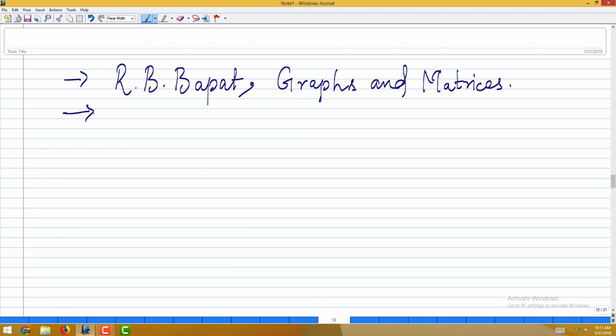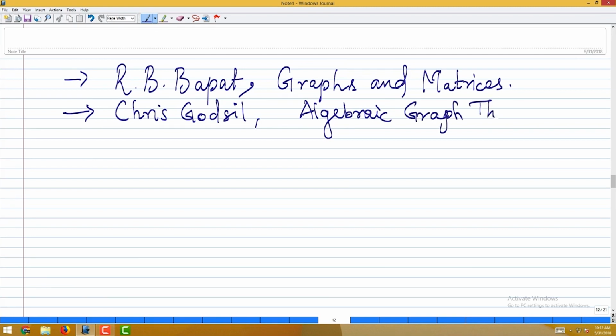If you are looking for not only spectral properties but also other algebraic properties, I would suggest Chris Godsil, Algebraic Graph Theory. And if you want to read it like a story, open Biggs' book. Biggs gives the whole concept of spectral and algebraic graph theory like a story, in bullet points, topic wise. No proofs are there, but he hints at the proofs, not in detail.